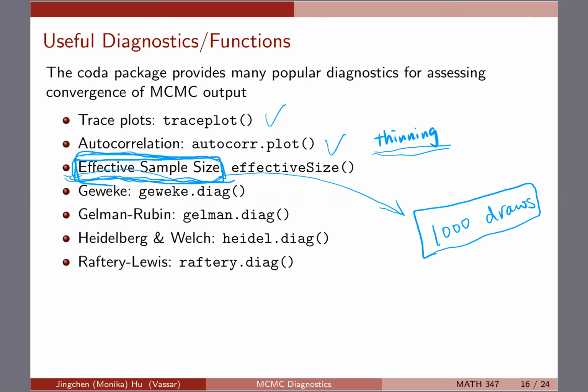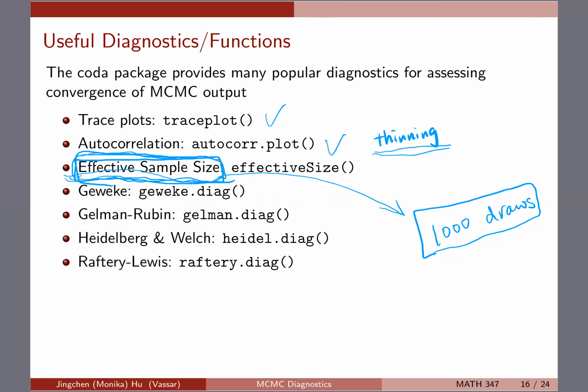But the R function is written so that it tells you, based on these 1,000 draws, how effective they are, meaning you can think of it as the effective sample size of independent Monte Carlo draws that you have based on these 1,000 draws. So let me say it again.